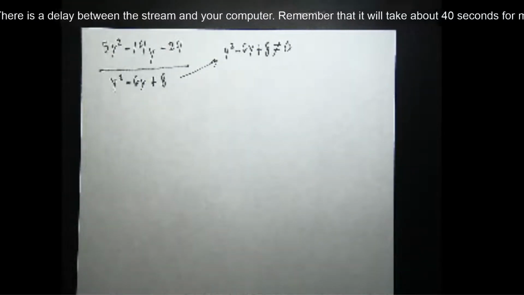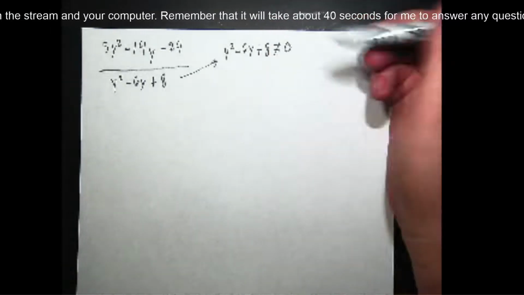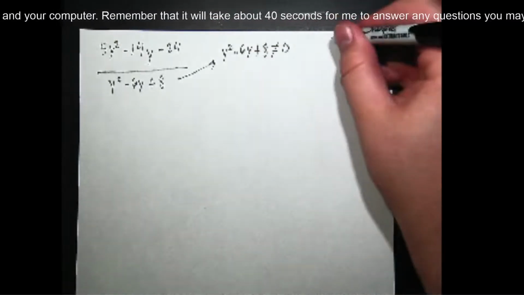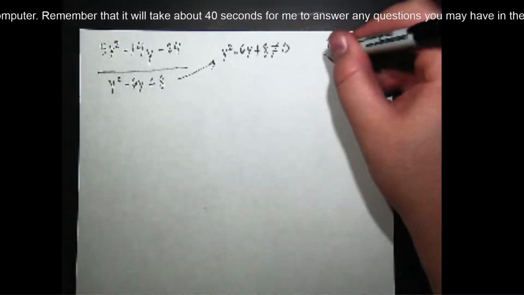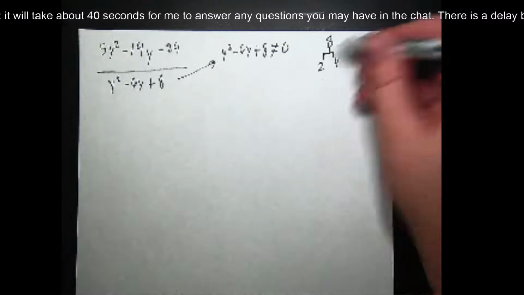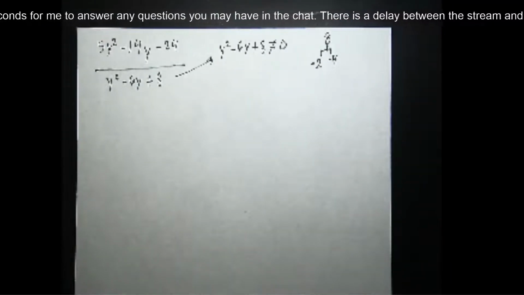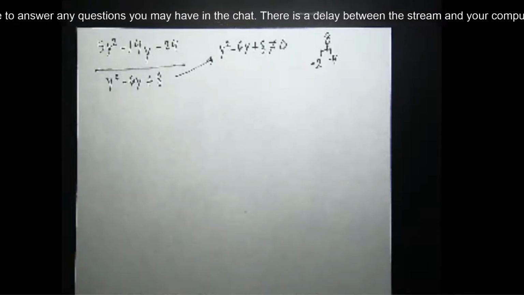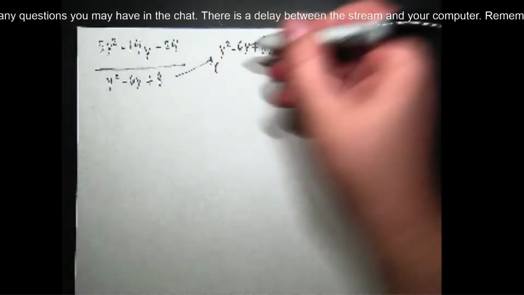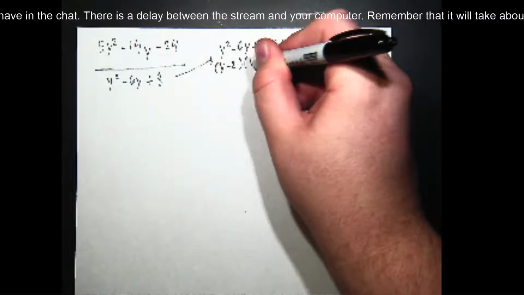And then we factor it to try and solve. So my a is 1, my c is 8, my ac is 8. Really only two that are going to work here, and that's 2 and 4 if we make both of them negative. Okay, so the factored form using our shortcut method is y minus 2 times y minus 4.